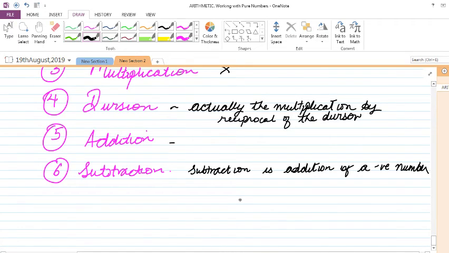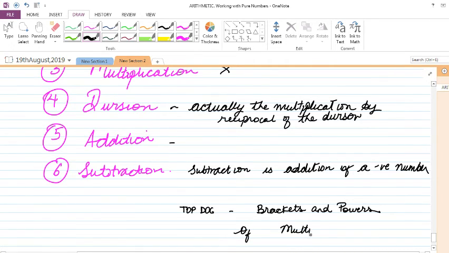And the hierarchy basically starts off with brackets and powers. The top dog is brackets and powers. After that, on the lower level, we have of, multiplication and division.